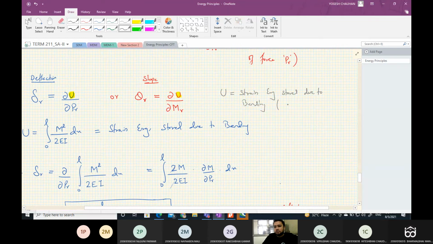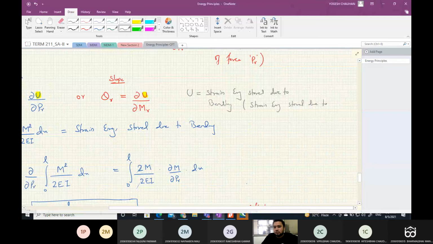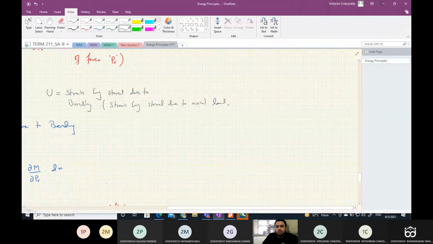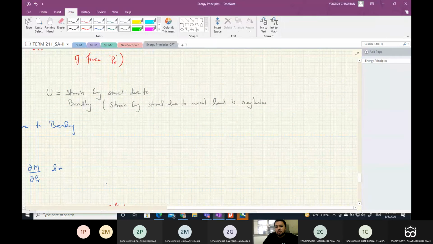That means the strain energy stored due to axial load is neglected.